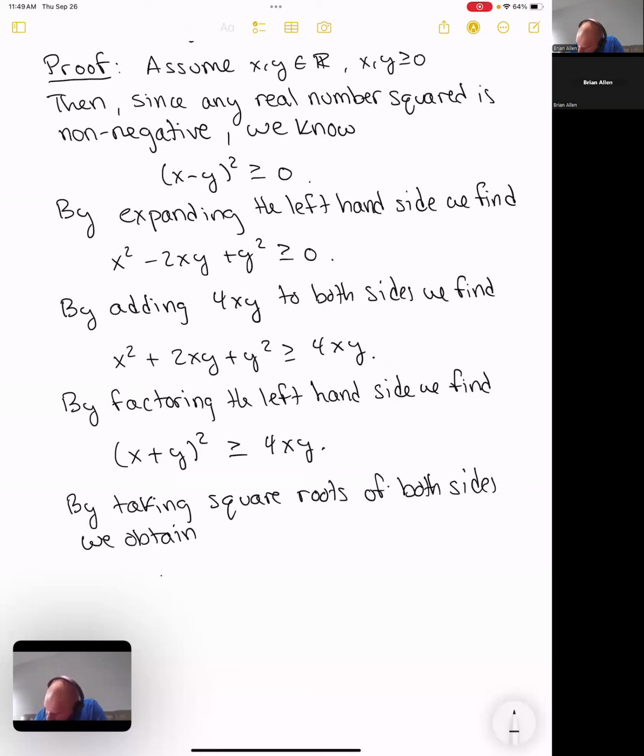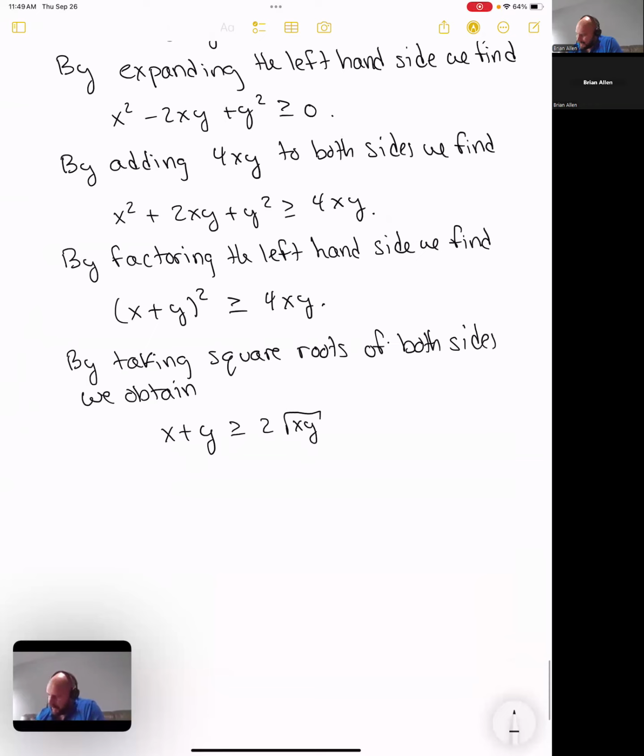We find x plus y is bigger than or equal to 2 times the square root of xy. And now we just have to divide the 2 to the other side, right?